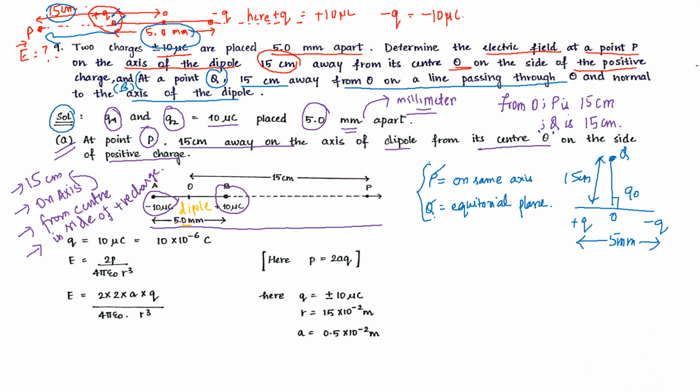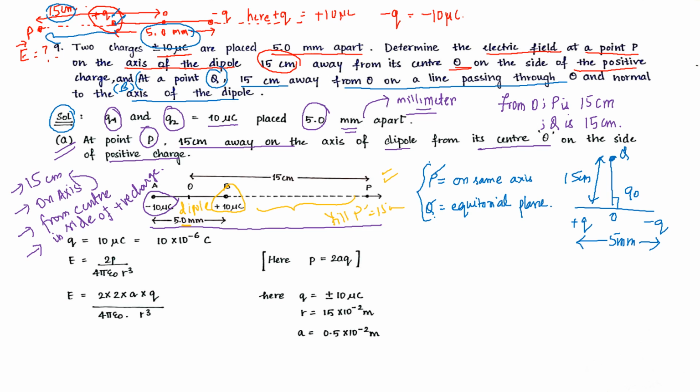From there, this is the distance till P, which is 15 centimeter, and on the side of the positive charge. So we got an idea that we need to find the electric field here.